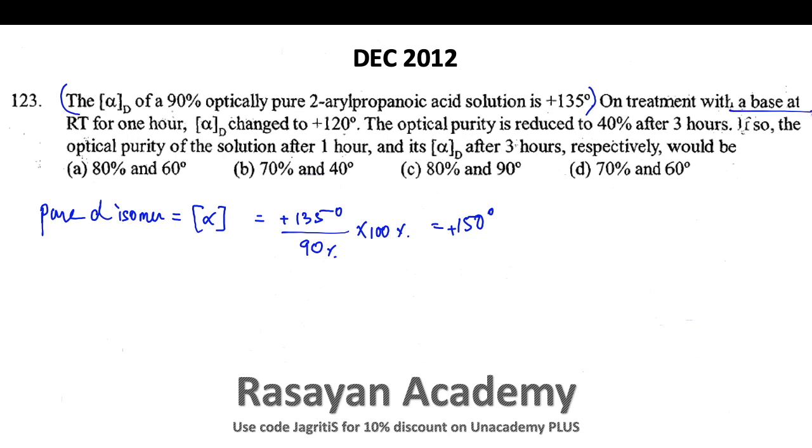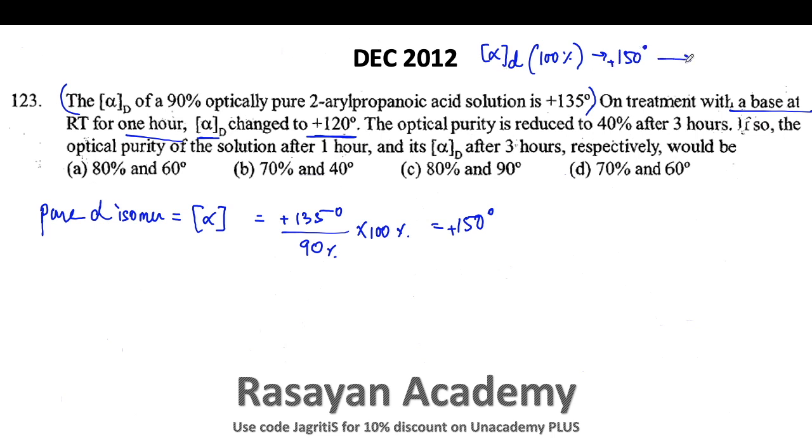On treatment with a base at room temperature for 1 hour, all right, you are treating the D isomer with a base. The specific rotation changes to plus 120 degree. What does that mean? That in the beginning you had the alpha D, which was 100% D isomer, 150 degree.